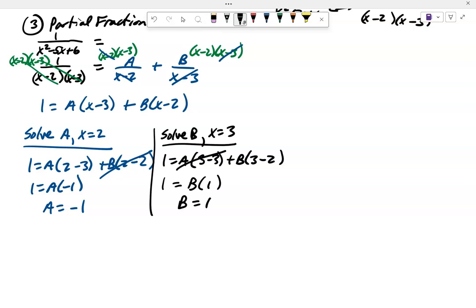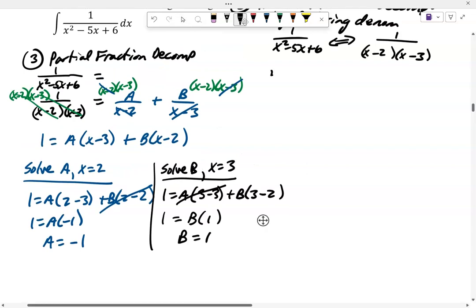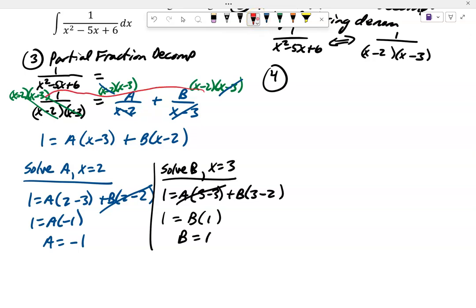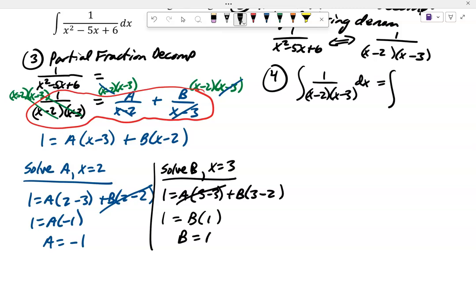So now, step 4, and remember, I'm using this. 1 over x squared minus 5x plus 6, which is (x minus 2)(x minus 3) dx, was a over x minus 2 plus b over x minus 3 dx.